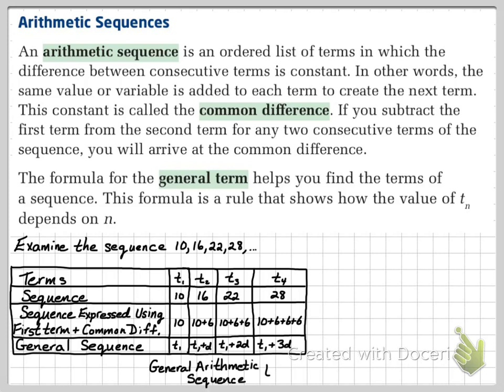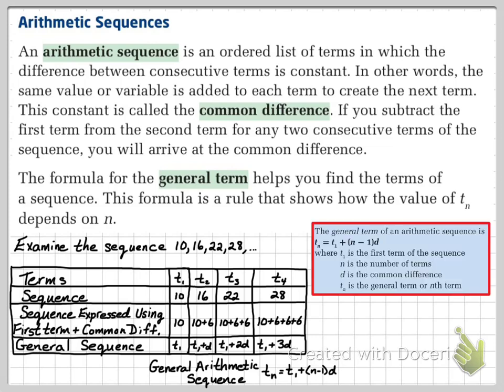So the general term of an arithmetic sequence, referred to as Tn, is equal to T1, term 1, plus n minus 1 times the common difference.